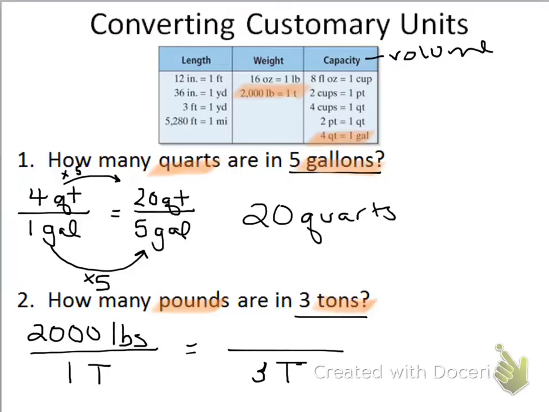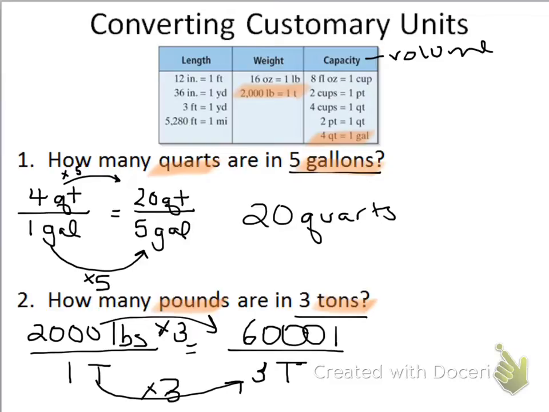I'm going from a smaller measure to a bigger measure, so I'm going to multiply. 1 times 3 gives me the 3. So I'm going to multiply 2,000 times 3. And 2,000 times 3 would be 6,000. So I have 6,000 pounds. That's the first type of problem, where you're going from a smaller unit to a bigger unit.